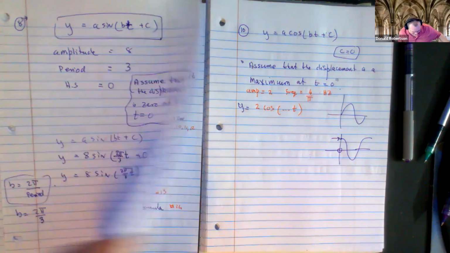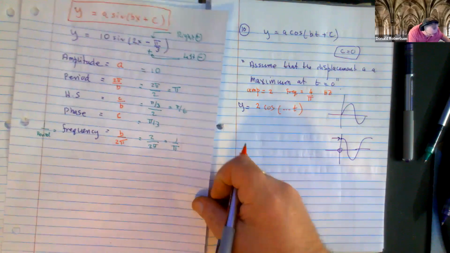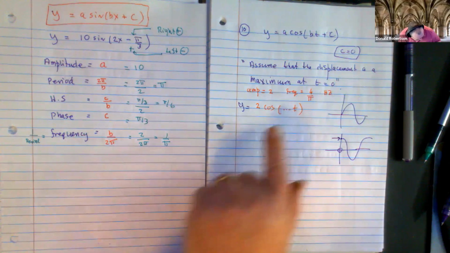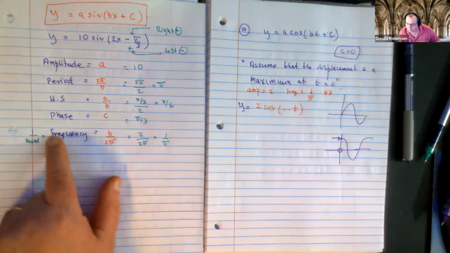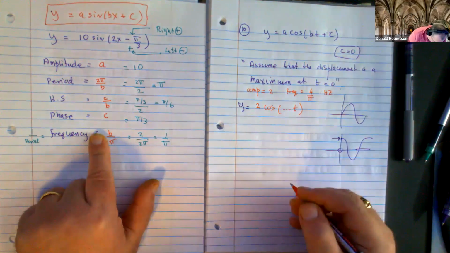Now, they have told me the frequency. So if I look at the connection between B and the frequency, do you see it looks like this? This is my side working.